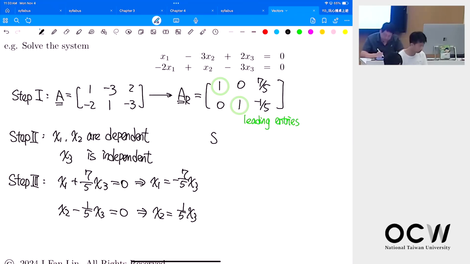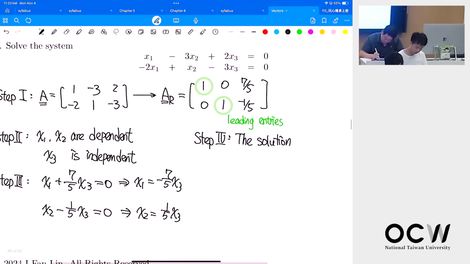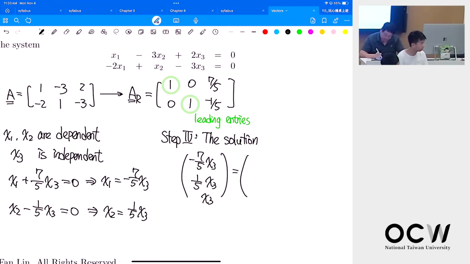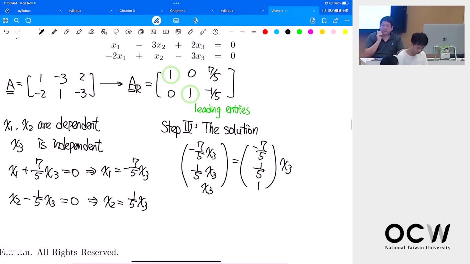Next step. Then we can get the solution. The solution: x1 will be minus 7 over 5 x3, x2 is 1 over 5 x3, and x3. This will be minus 7 over 5, 1 over 5, and 1, times x3. You can choose any number for x3.